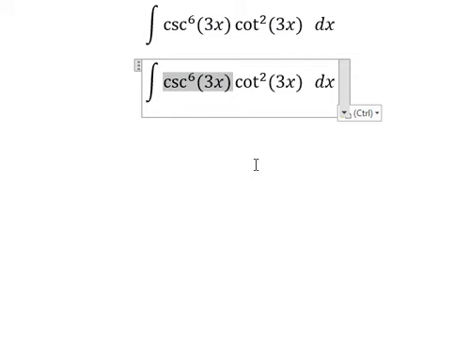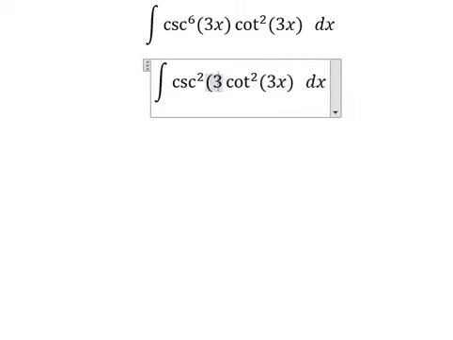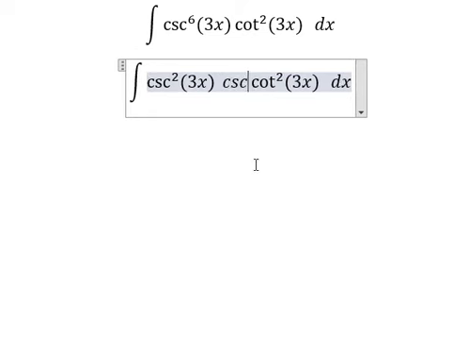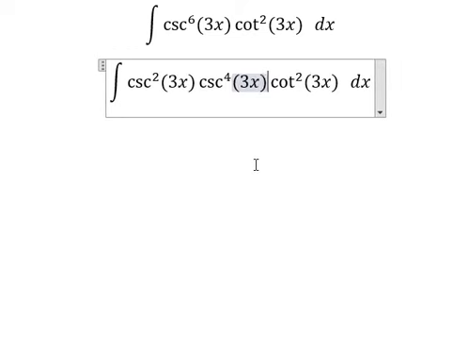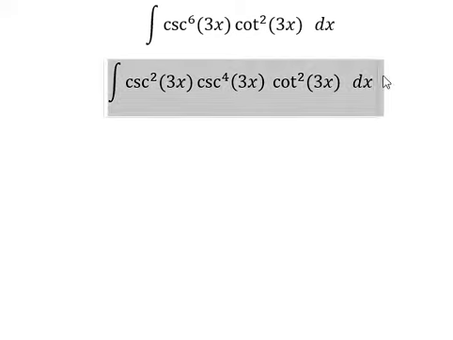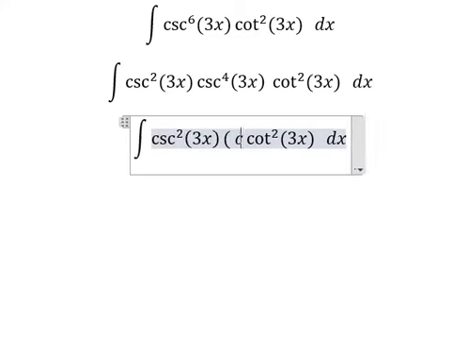About this one, I can put it into cosecant of 3s squared with cosecant of 3s to the power of 4. So this one I can put like this.